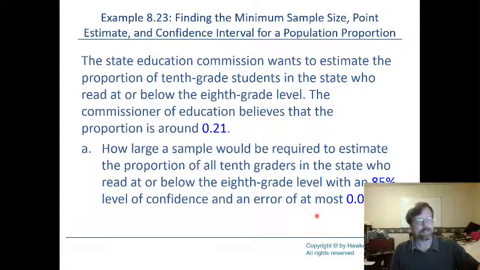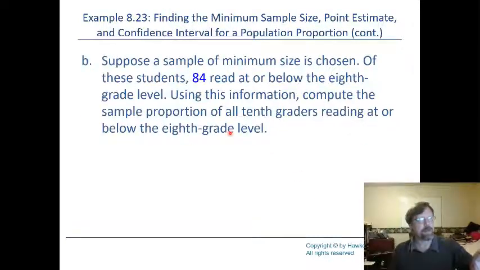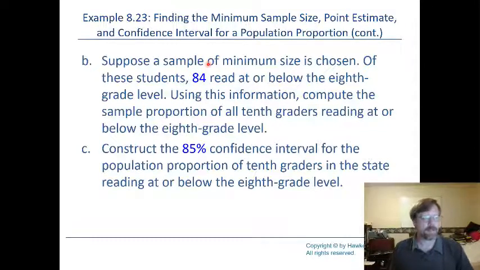Part B, use that minimum sample size you just calculated to find the sample proportion with 84 meeting our criteria. Part C is construct the 85% confidence interval for the population proportion that you calculated in Part B. I'll give you a second. Go ahead and pause it, try to work through it, unpause it when you're ready to proceed.